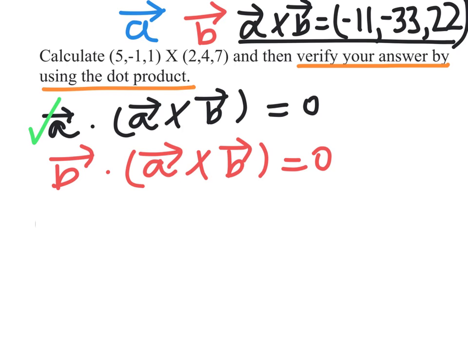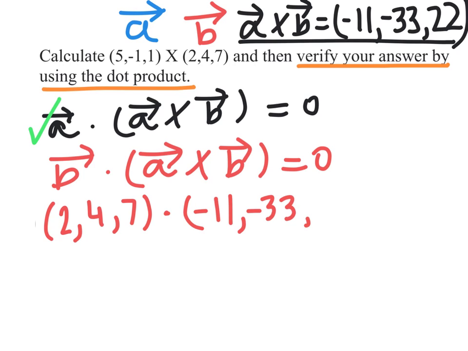Now let's do the same thing for vector B. You take 2, 4, 7, and dot it with -11, -33, and 22.